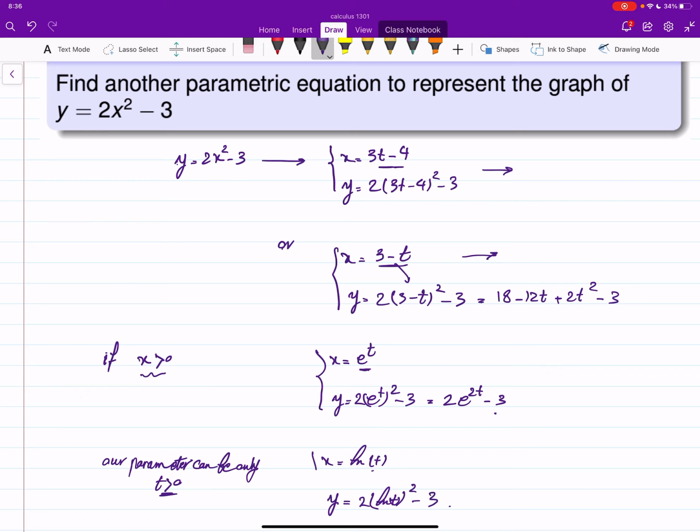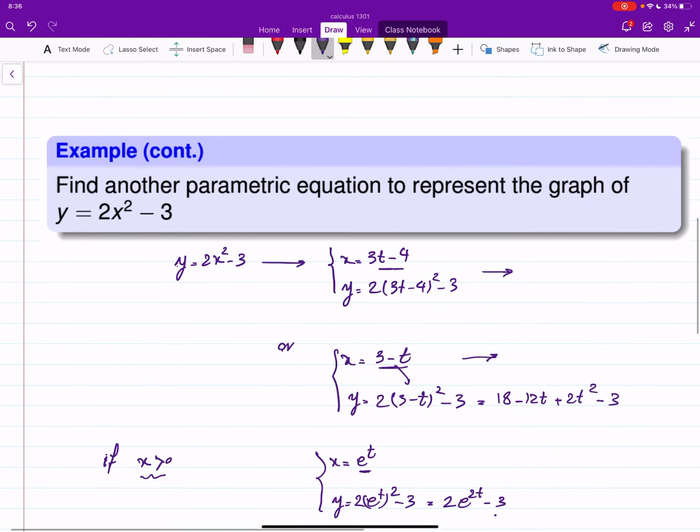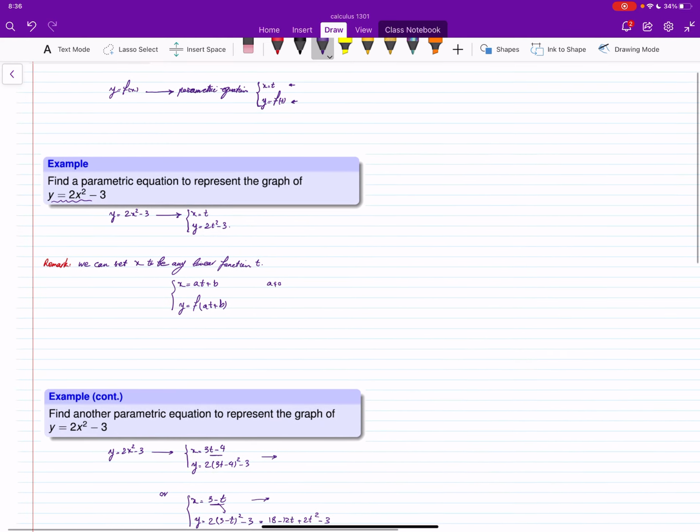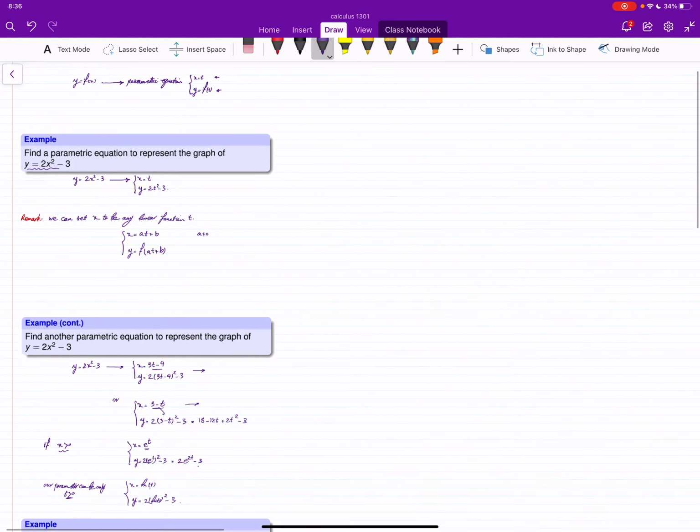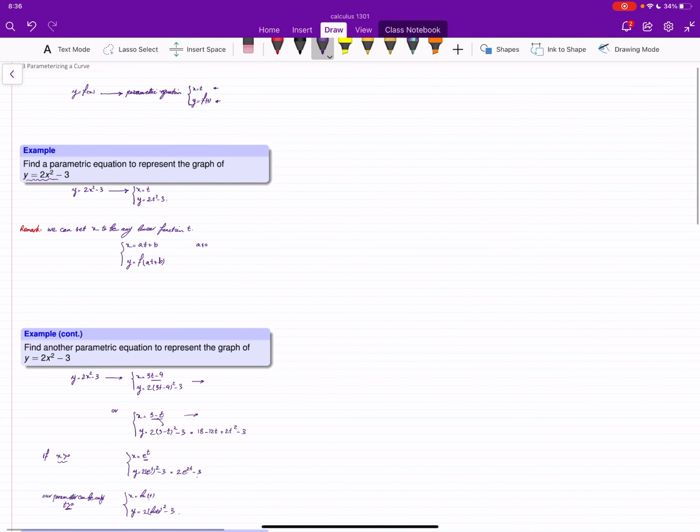That's another parameterization. So as you see, going from the graph of a function to a parametric equation is not that difficult. You just need to set x to be a proper function of t, and then plug that into the function for y.